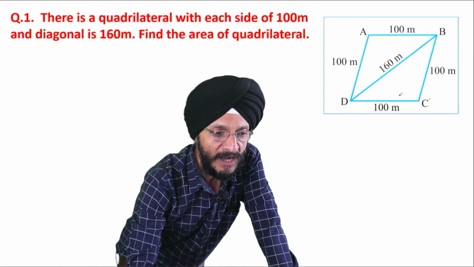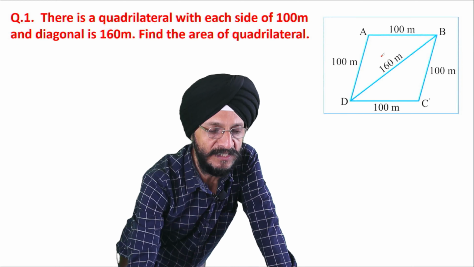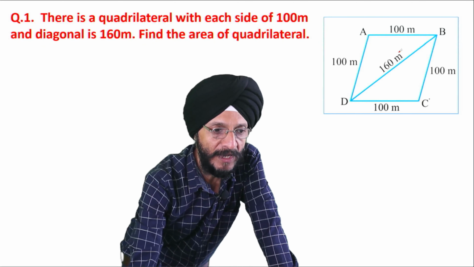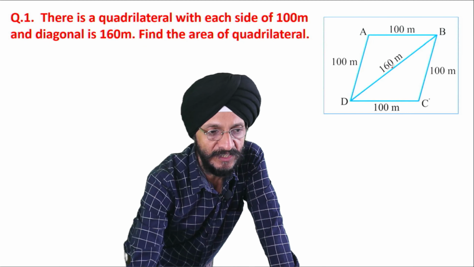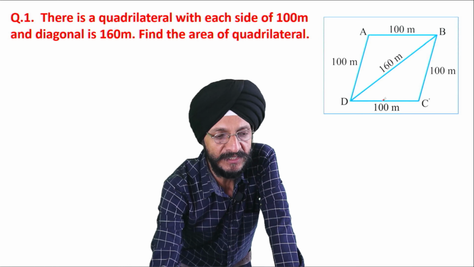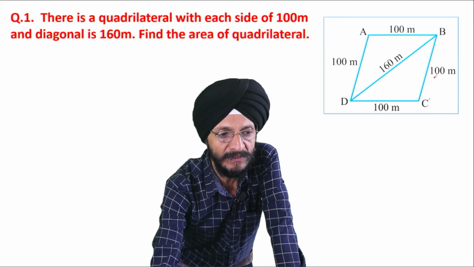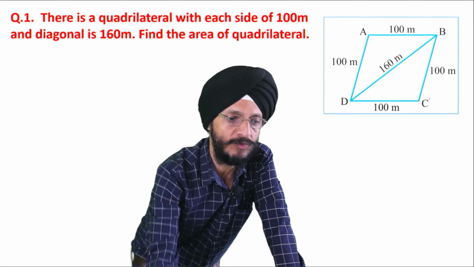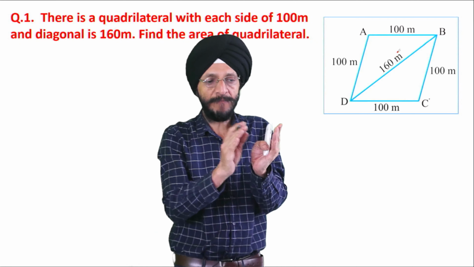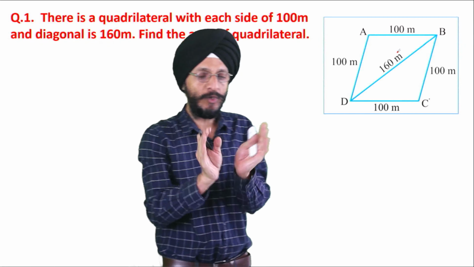So all the sides of both these triangles are equal. In case of ABD, the sides are 100, 100 and 160. In the case of triangle BCD, the sides are also 100, 100 and 160 meters. So all the sides of both the triangles are equal to one another.